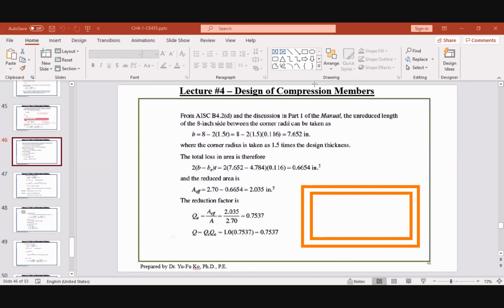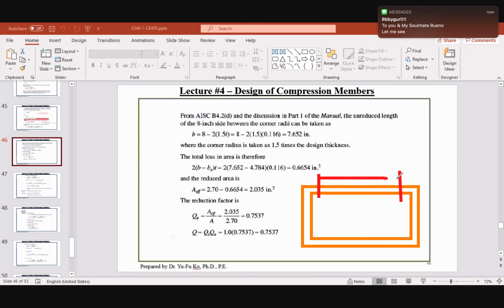Your b is measured, for example, like I said, from here to here, and this is what we call b. So you take this. If there's no local buckling, you can take the full b times t as your area.